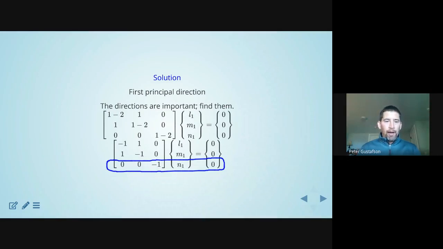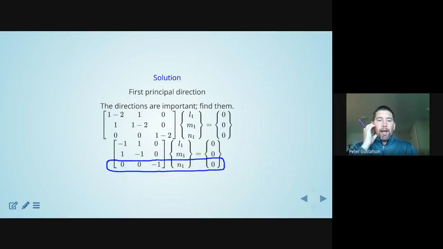I'll go back for a moment here. If you stare at equation 1 and equation 2, minus 1, 1, 0 and 1, minus 1, 0, keeping in mind that if we're just solving equations, you can multiply all of the first equation by some constant, and you haven't really changed the equation in terms of solving for the 3 unknowns.